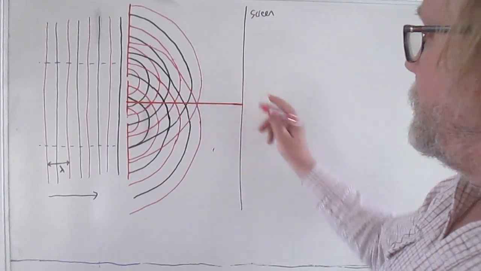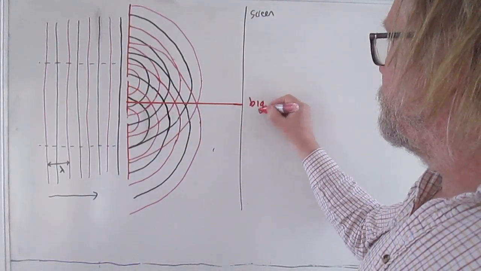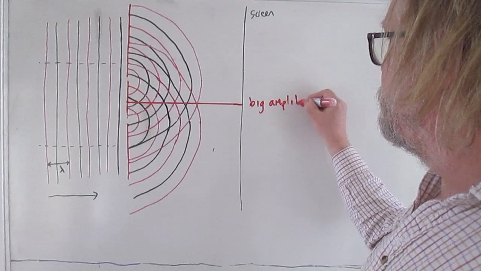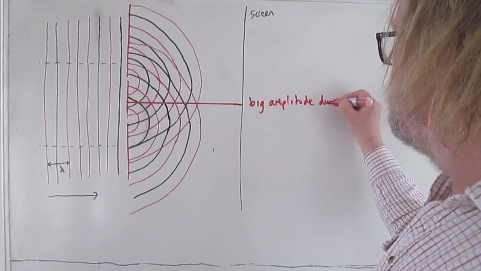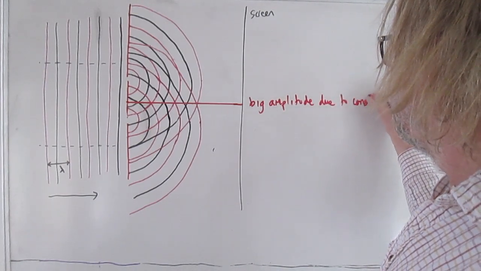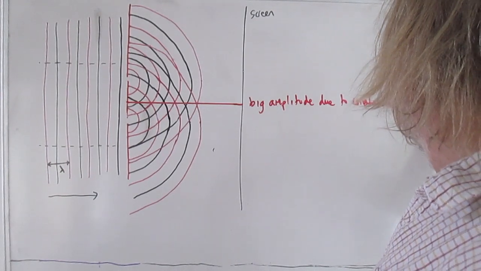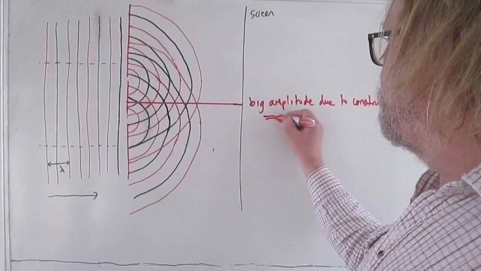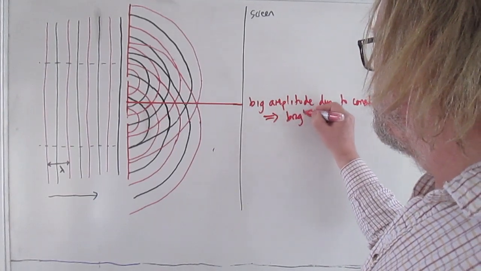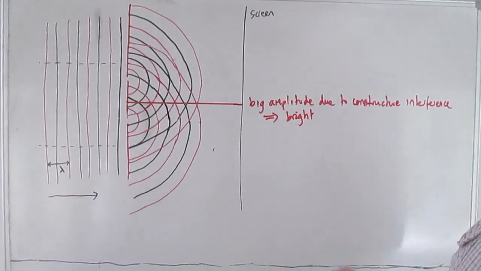Okay, the wave's going to have a big amplitude due to constructive interference. And that will give you a bright area on the screen.